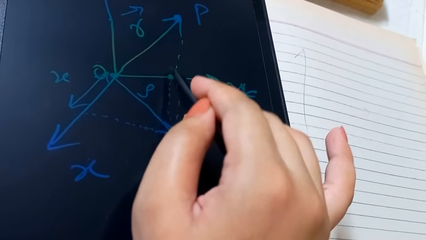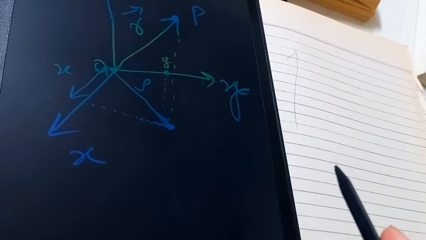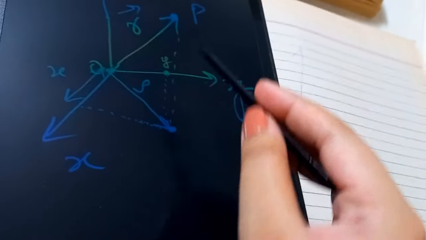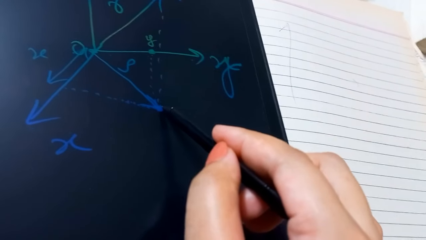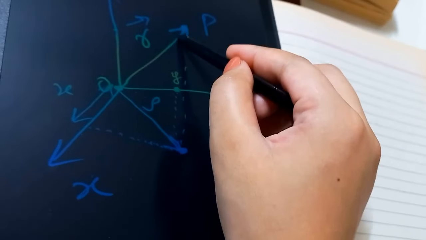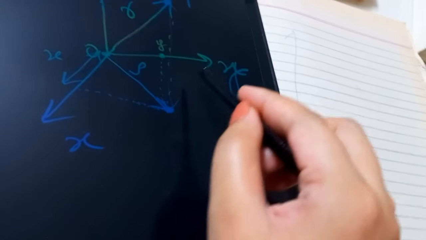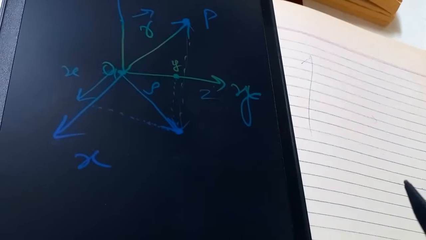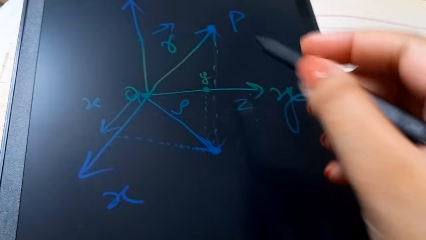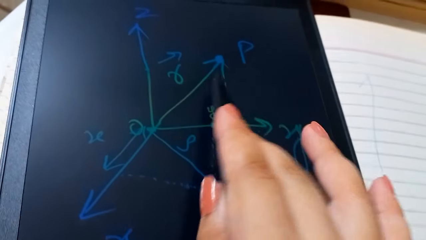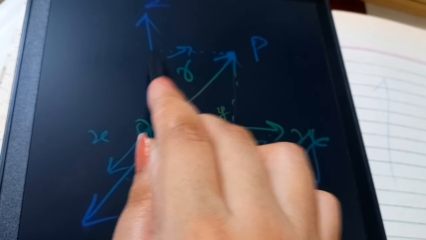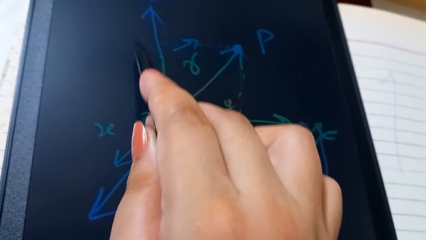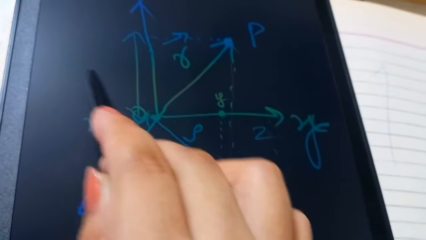This gives you the y coordinate of point P, and the z coordinate is simply this whole length. If you want to see it here as well, you can put the projection on the z-axis of the P vector. So this is the z coordinate.